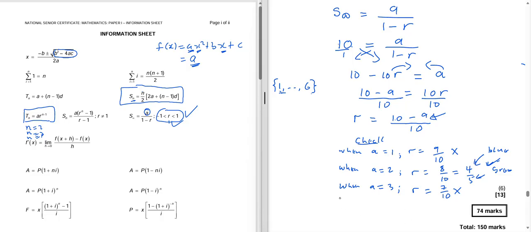Now, when A is equal to 4, R is going to be equal to what? R is going to be equal to 10 minus 4, that is 6 over 10. Can 6 over 10 be reduced?